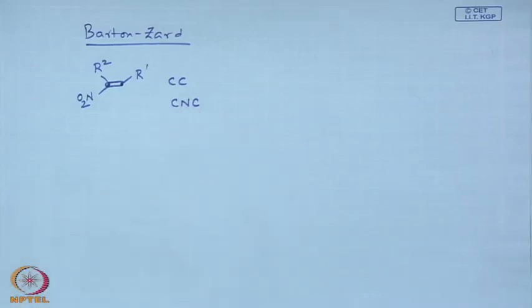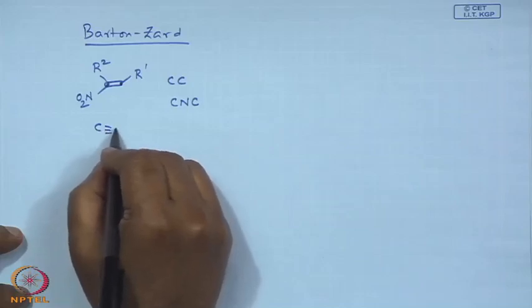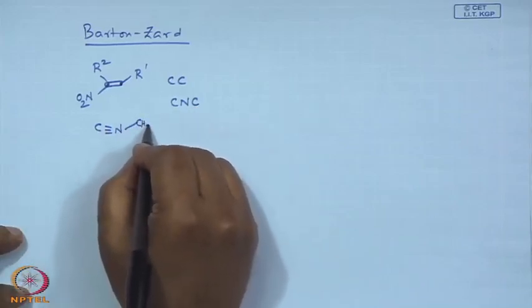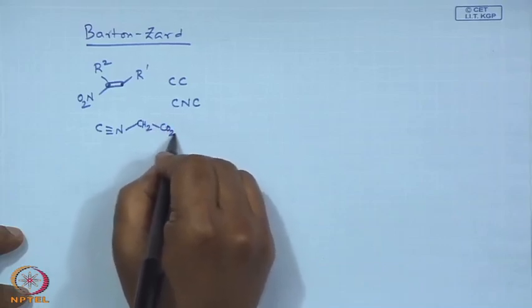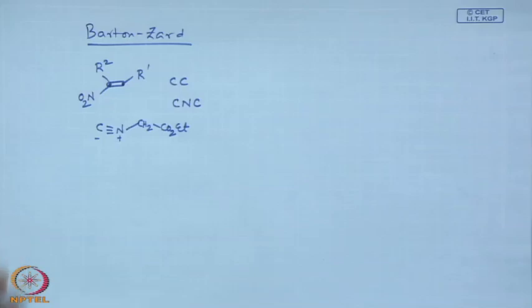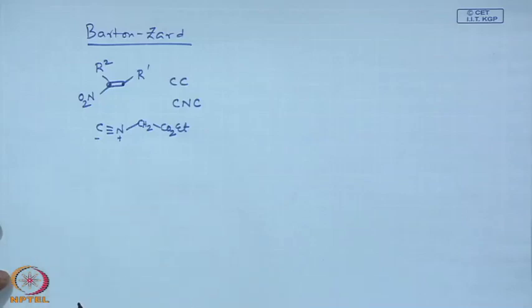That means you have to choose a starting material where it will provide a carbon followed by nitrogen followed by carbon, and that is the trick there. In his case, this C actually comes from isocyanide, and the third one comes from this acetic acid group, and the starting material is this one. It is ethyl isocyanoacetate.